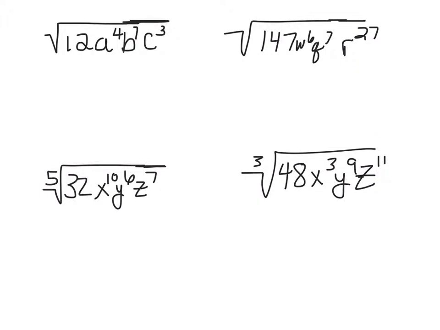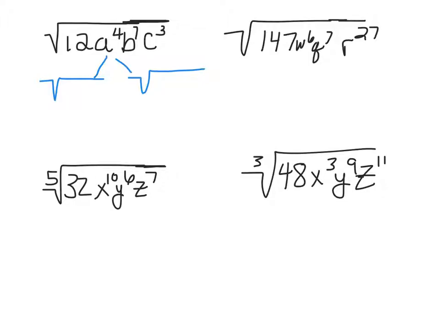Let's look at 4 more. So for this first one, I have 12, a to the 4th, b to the 7th, and c to the 3rd, and I want to take the square root of that. 12 is not a perfect square, so I'm going to break this up into 2 square roots. How can we break 12 up into 2 factors, one of which is a perfect square?